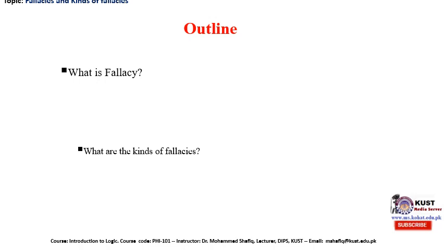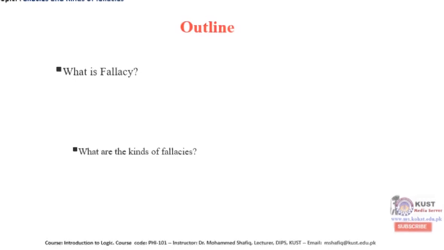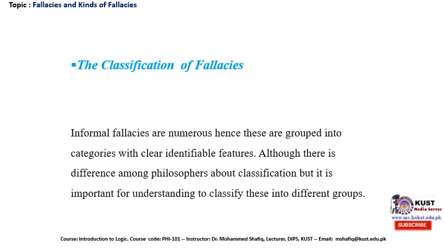So the first one, the classification of fallacies. Informal fallacies are numerous. Hence these are grouped into categories with clear identifiable features. Although there is a difference among philosophers about this classification, it is important for understanding to classify these into different groups.